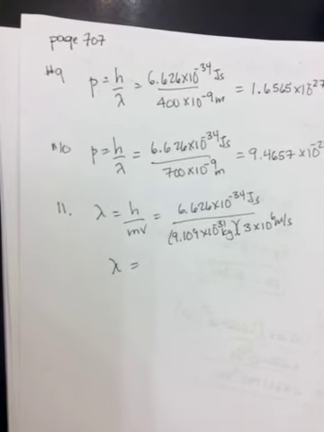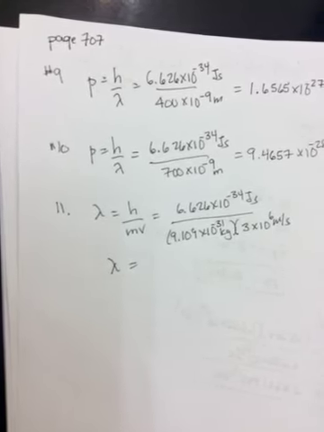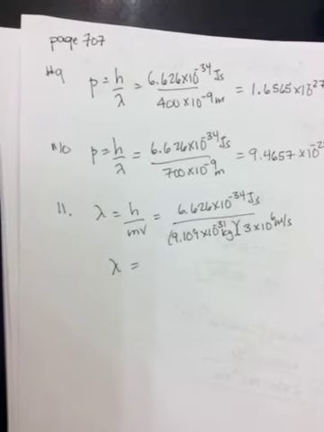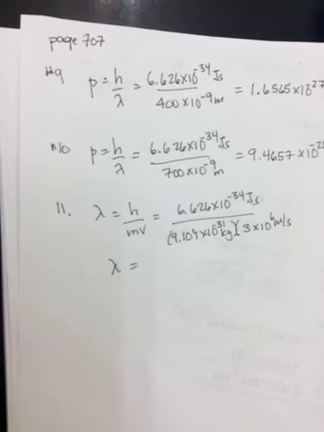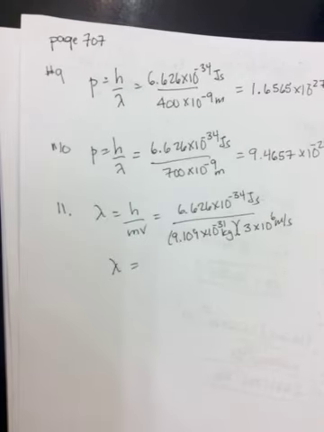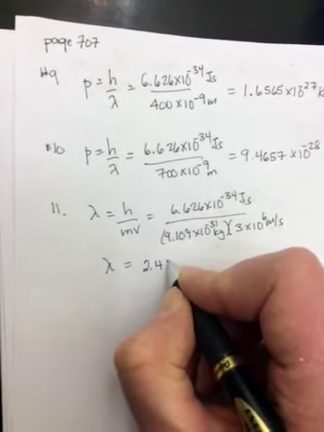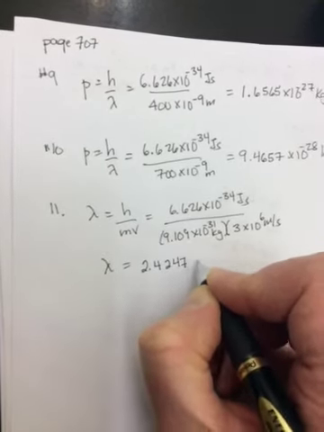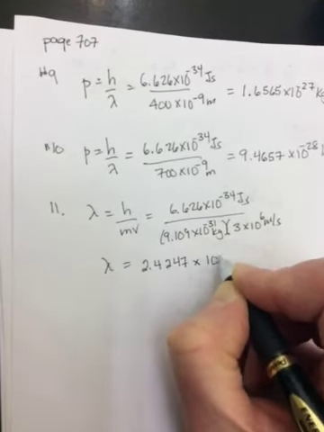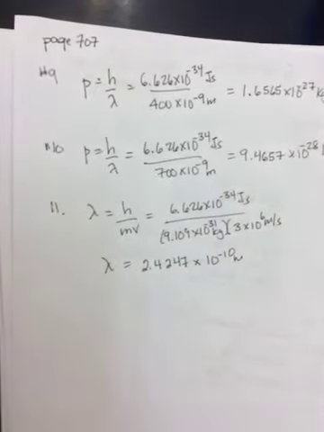You should get 2.4247 times 10 to the negative 10 meters.